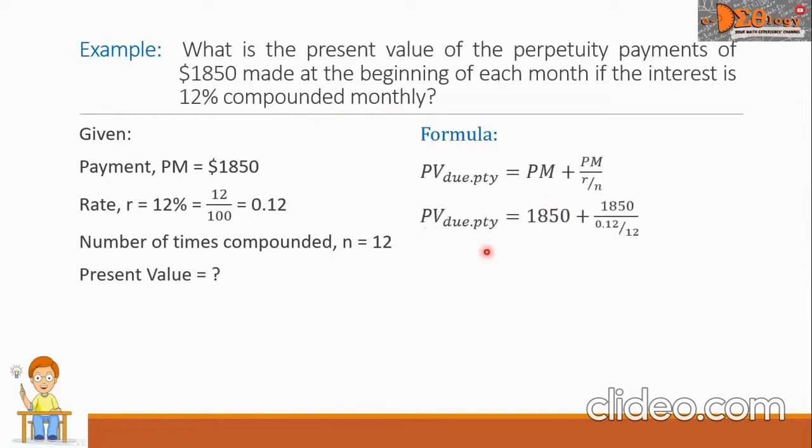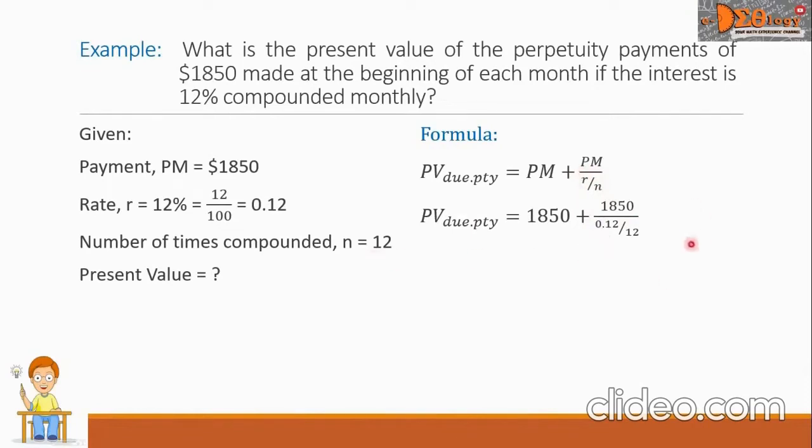The present value equals PM, now change into 1,850 plus this complex fraction where the numerator is PM, and we change it now also to 1,850 all over this fraction R over N. The R is 0.12 and the N is 12.